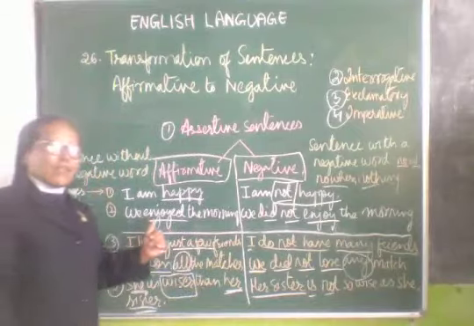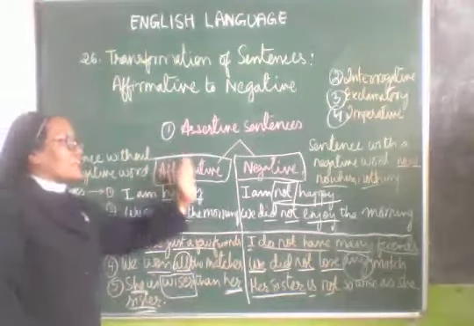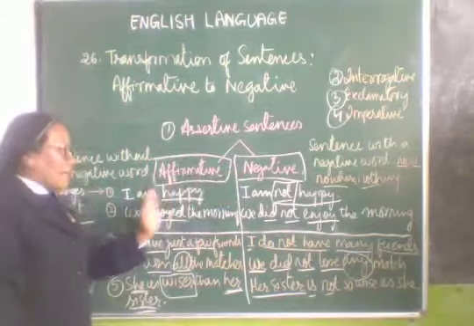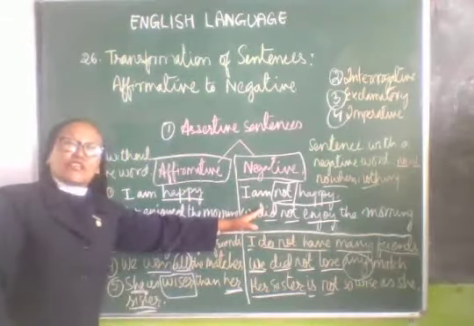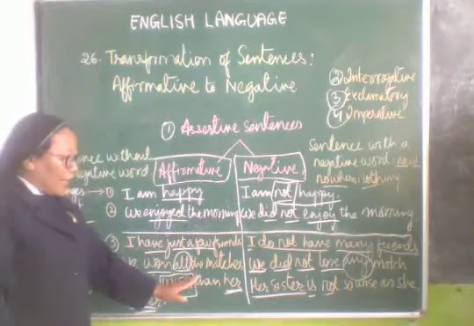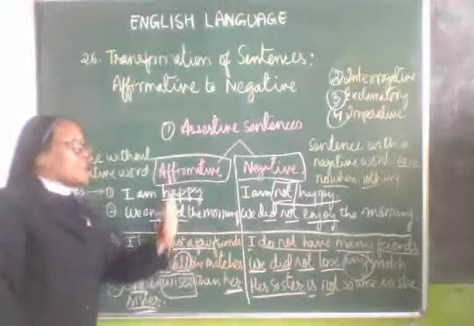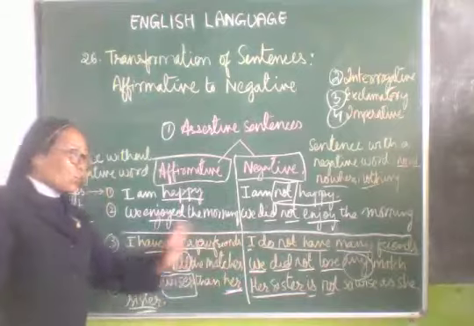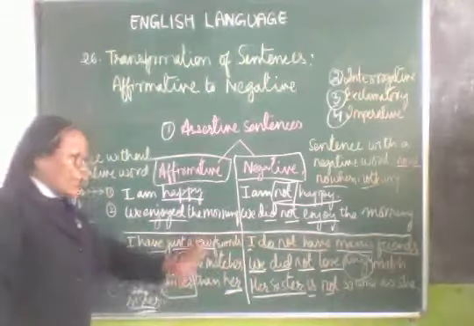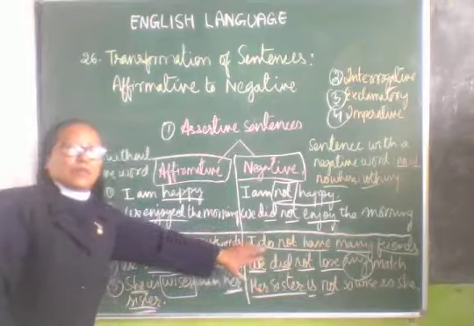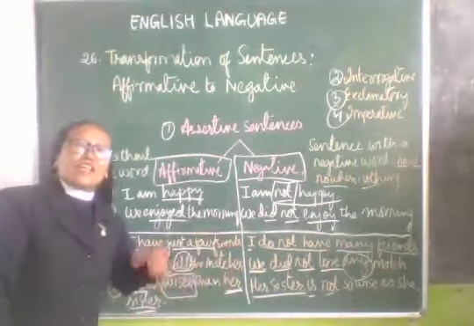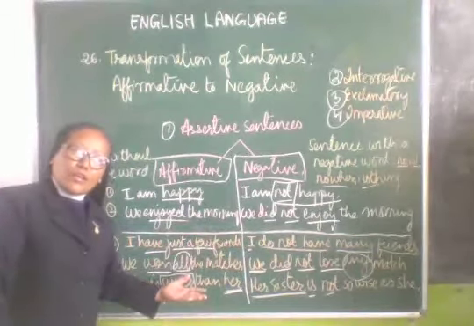Okay? So, remember children, we change the affirmative into negative. Direct negative we made with change of meaning. We change the sentence affirmative to negative, convert that without changing its meaning. We make the affirmative sentence negative without changing the meaning by using the negative word.